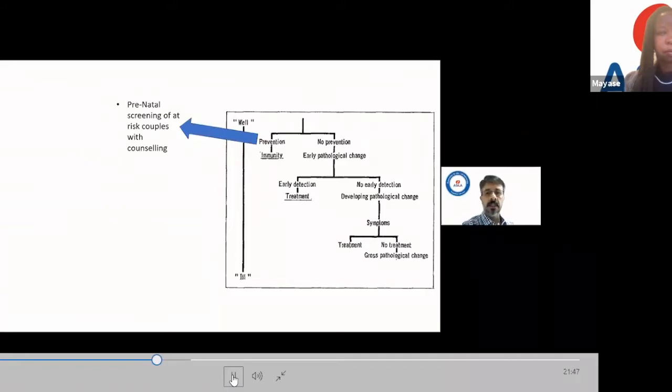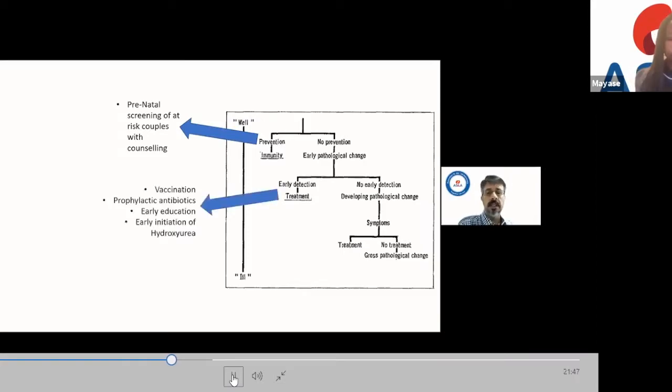We have seen in countries like Cyprus that instituted large-scale prenatal testing for beta thalassemia, the effectiveness of that, with no babies born with beta thalassemia major over a period of about 5 years once they had set up adequate prenatal testing for that condition. So that's what I'll be talking about today.